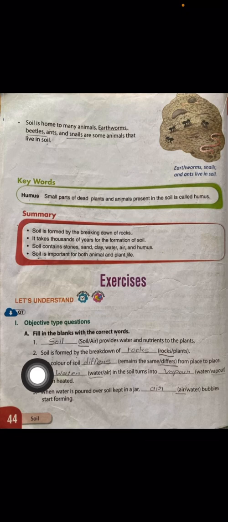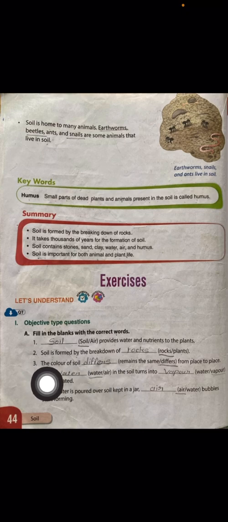Second one: soil is formed by the breakdown of blank. Soil form होती है, right? By the breakdown of blank. Rocks या plants? Of course it's rocks, right? So take the rocks here and write it down in the blank.